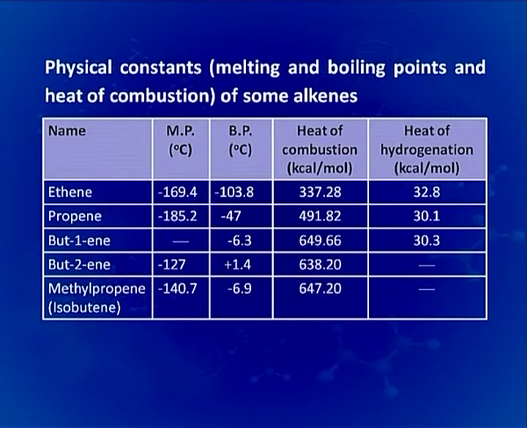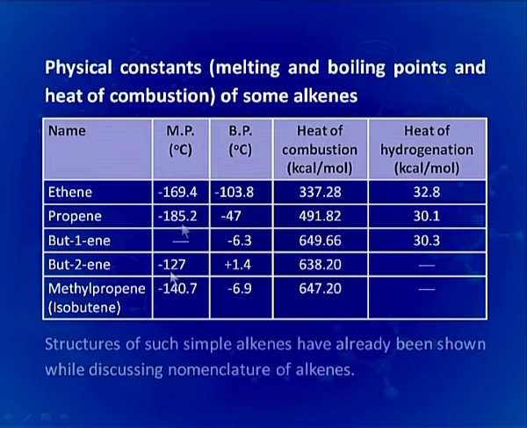This table shows melting points, boiling points, heat of combustion and heat of hydrogenation for certain simple alkenes like ethene, propene, butene 1, butene 2 and methyl propene. Structures of such simple alkenes have already been shown when we discussed nomenclature of alkenes.